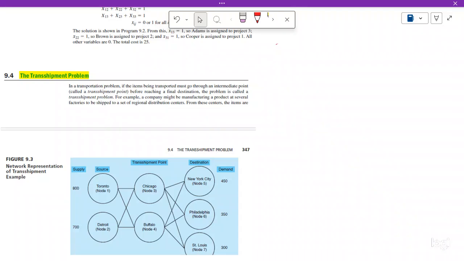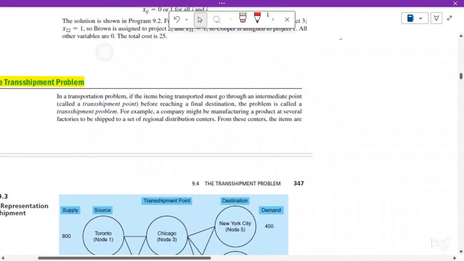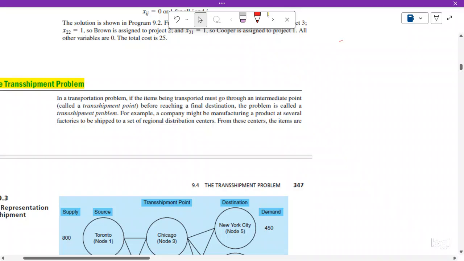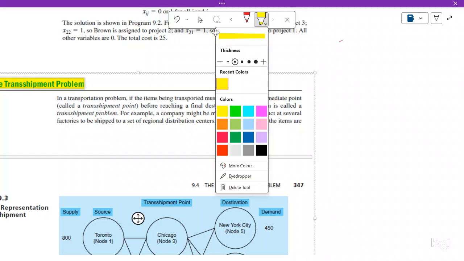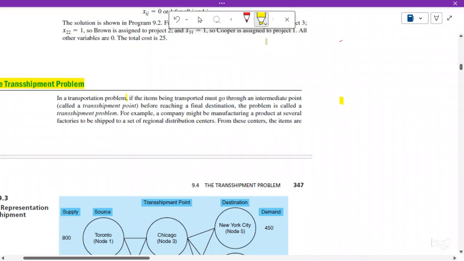So in a transportation problem, if the items being transported must go through an intermediate point, if your items must go through an intermediate point called a transshipment point before reaching the final destination, the problem is now called a transshipment problem. But there are nice rules that they use.